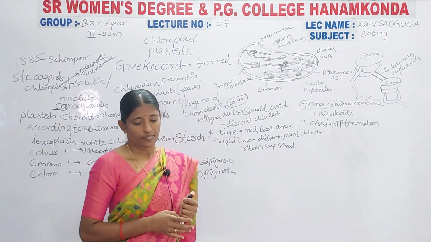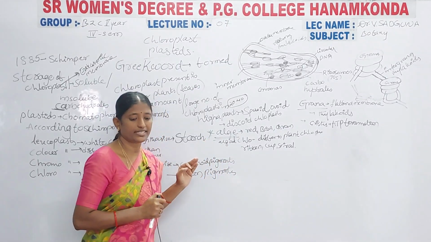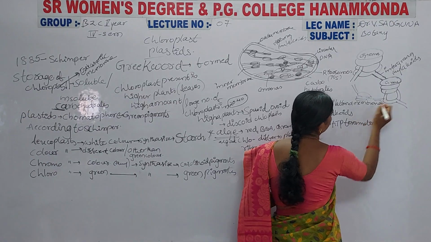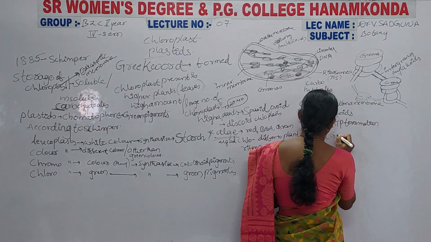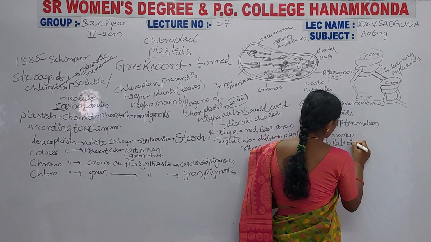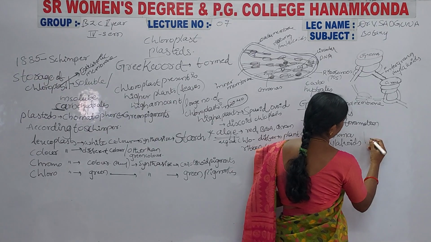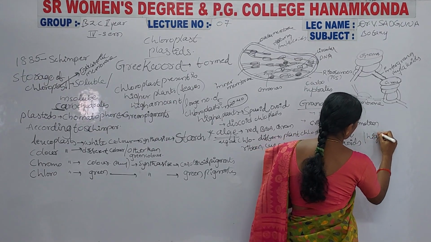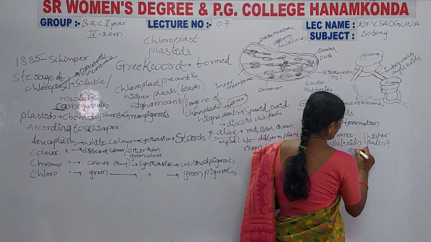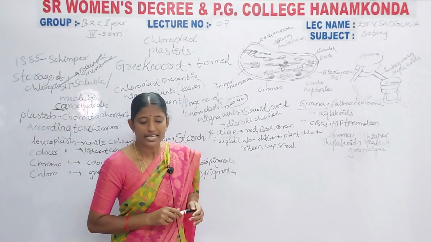It is the stacked thylakoids, the grana thylakoids, found mostly in higher plants and green algae. Higher plants and green algae.